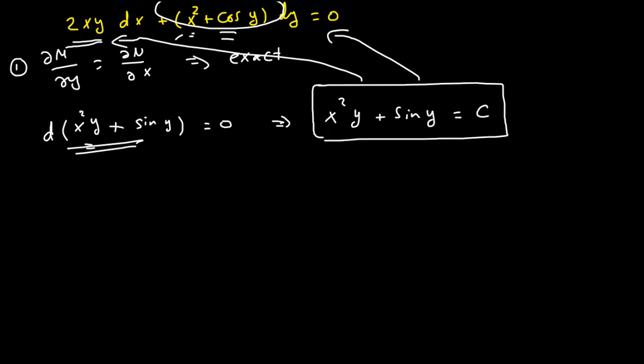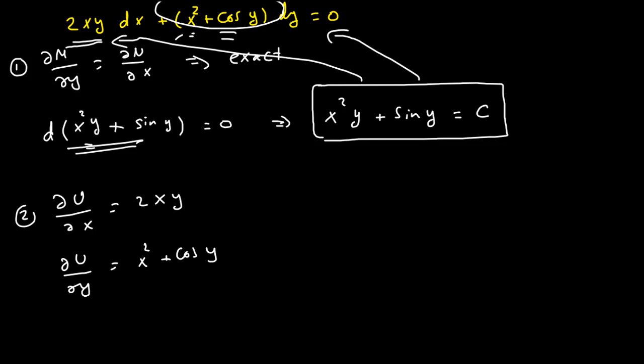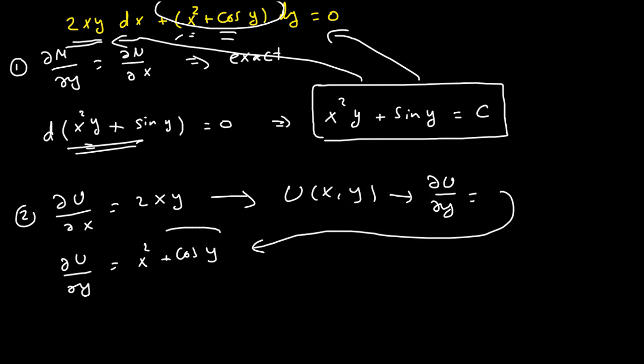In this case, you can follow the systematic approach by saying that partial u by partial x equals m, which is 2xy, and partial u by partial y equals n, which is x squared plus cosine y, and you integrate this one considering y as a constant to find the function u of x and y. After that you differentiate this to find partial u by partial y, and then you compare this result with the right hand side of this formula to find the function of y, and then you get the solution of the differential equation as we have done before.